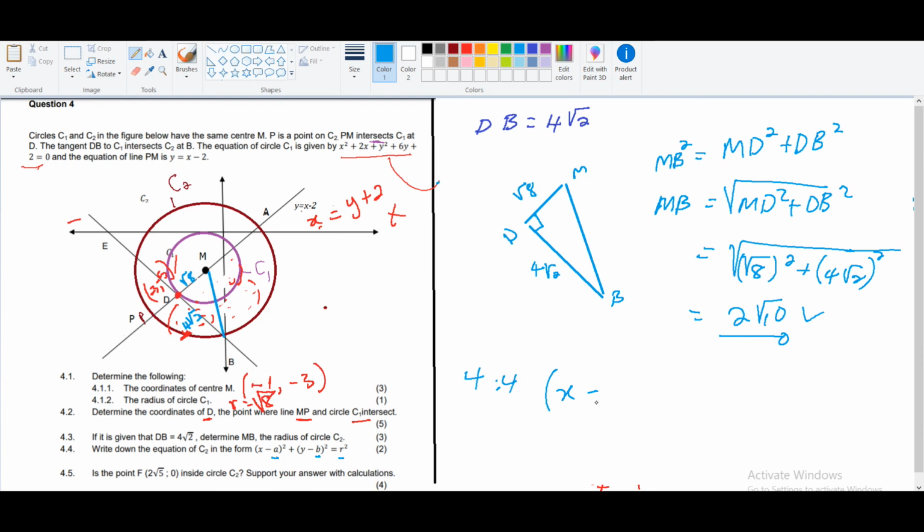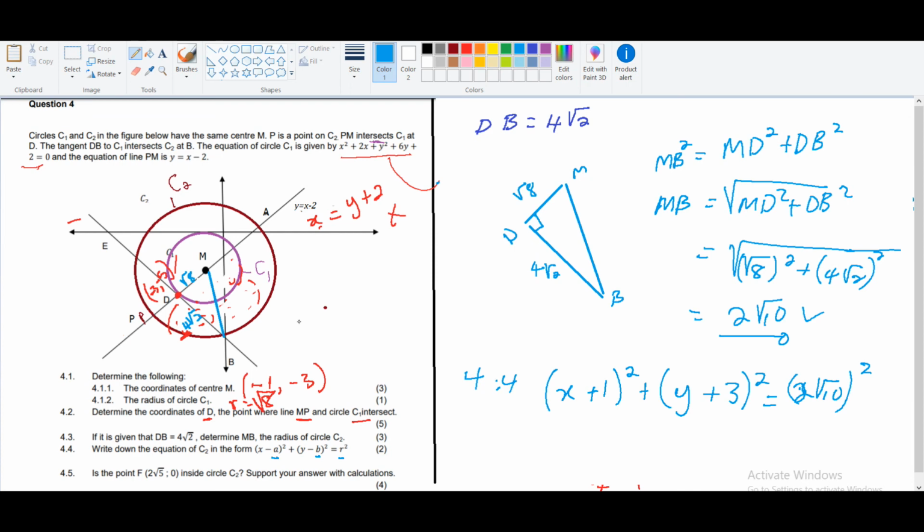When you write them here, you change the sign, so it will be x plus 1 squared plus y plus, because it's negative, plus 3, and then the square is equal to 2 root 10 squared, right?